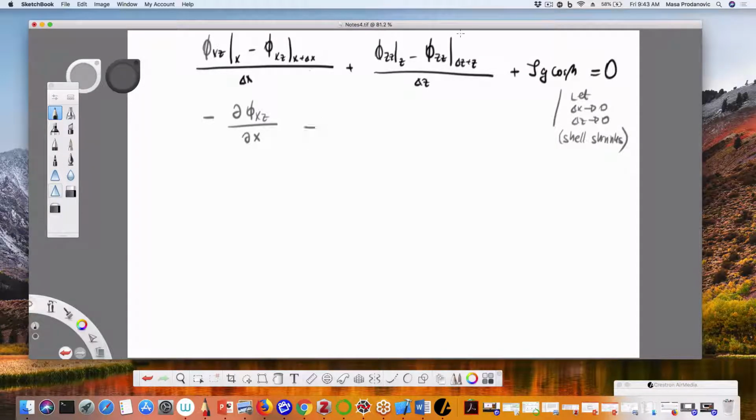And then here it's going to be negative also. So again, normally in a derivative I would have phi zz at z plus delta z minus the other one. So that's why I'm taking negative here. This is partial phi zz, partial z. And this is a constant as far as delta x and delta z go. So nothing happens in the limit.